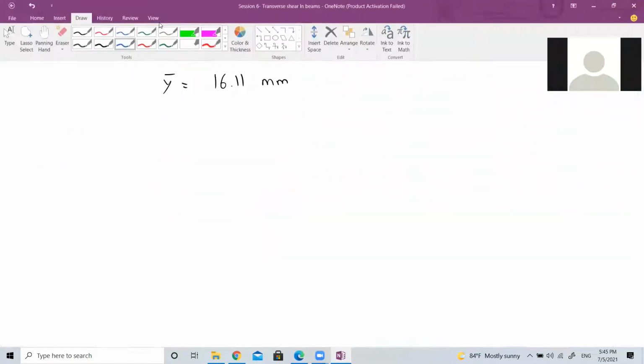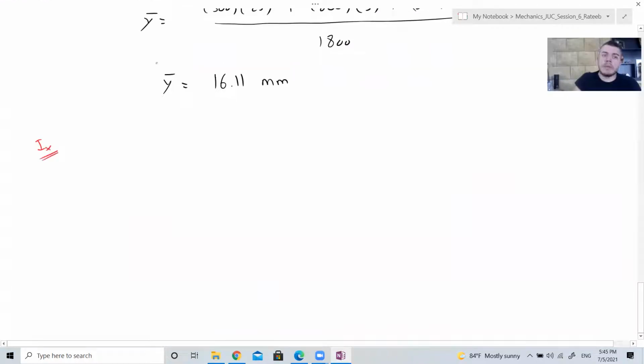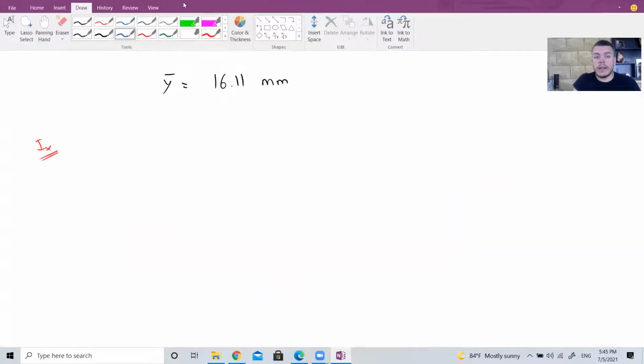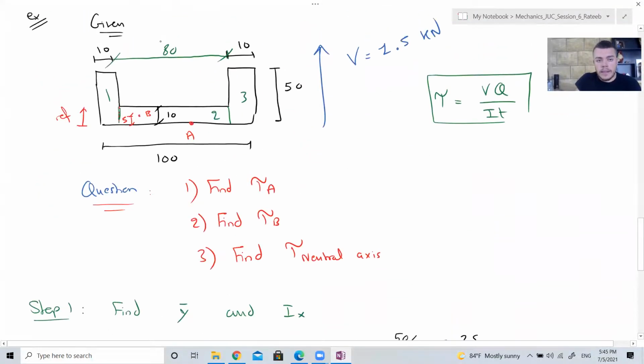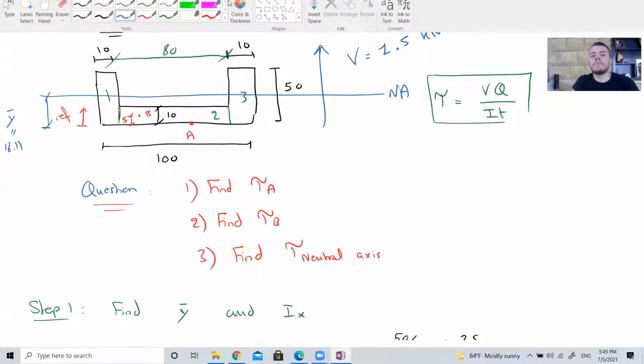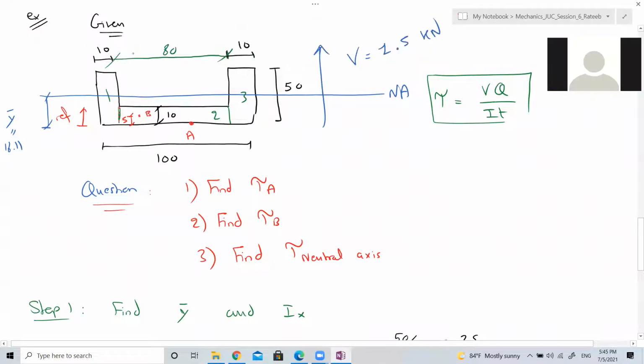Yes, I understood now. Okay. Now we want to find Ix. Once we find Y bar, we can go here, guys, and we draw the neutral axis. This is going to be the neutral axis and the distance from here to here is going to be y bar, which is 16.11. Understood? Yes. Now let's find Ix.